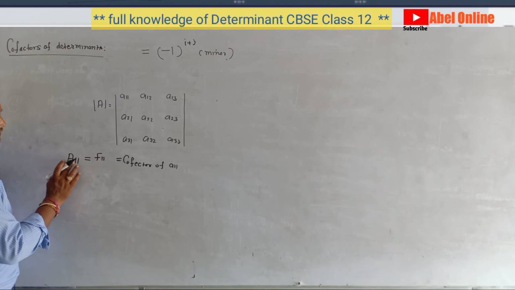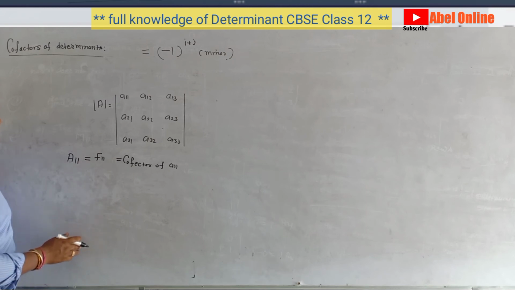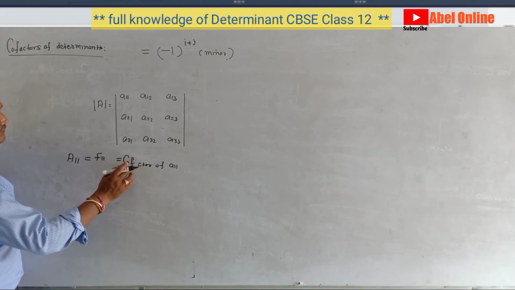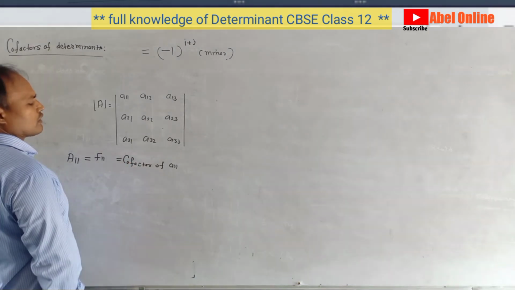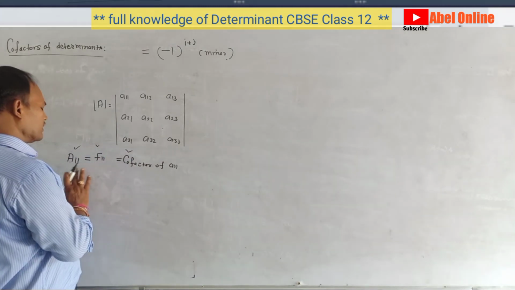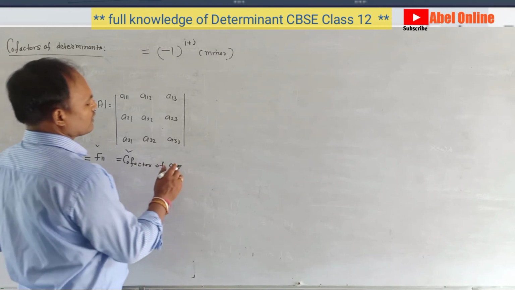In the CBSE NCERT book, it is denoted by A11. In Rajasthan board books, it is denoted by F11. Generally, we can write cofactor of A11 also. So this is a notation you can write anyway. You can write A11, F11 or cofactor of A11. Both are the same.